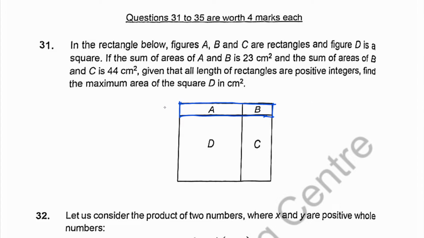Then this means that this is 1 and the total is 23. Right? And then B plus C is 44.